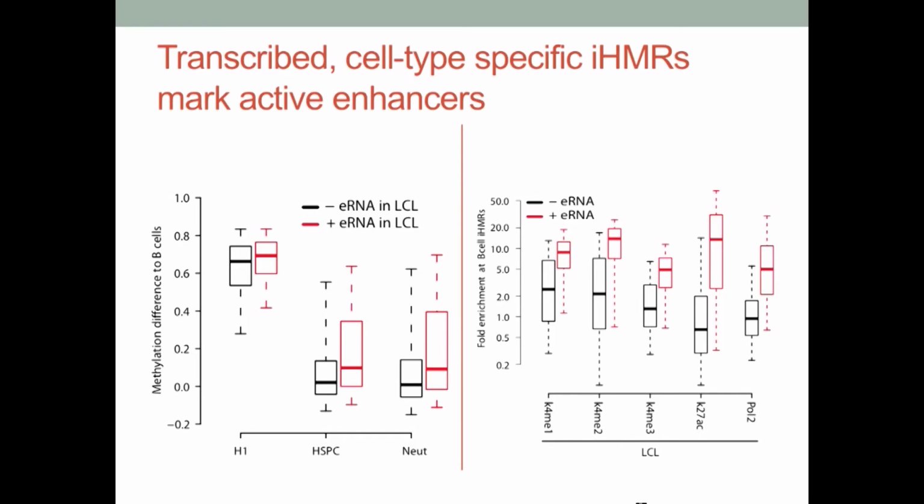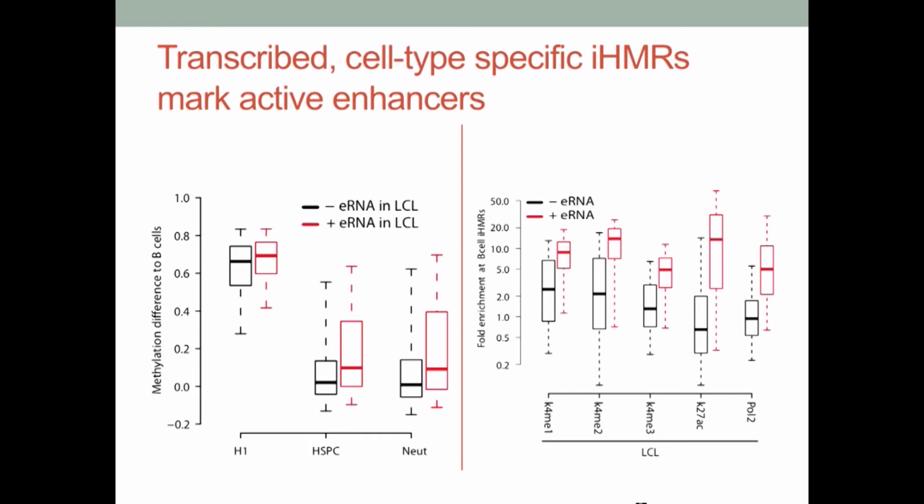So if you look at B cell specific IHMRs, and then you look at the methylation difference at those sites to other cell types, you can see that it's much different in H1. As we expect at B cell specific IHMRs, the methylation state is much higher.